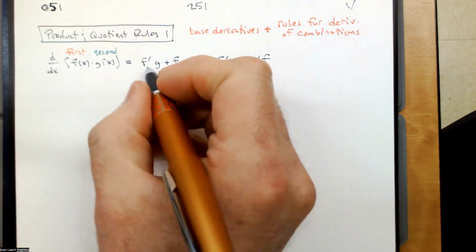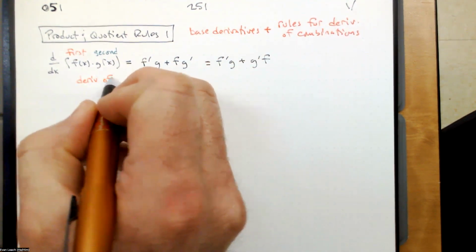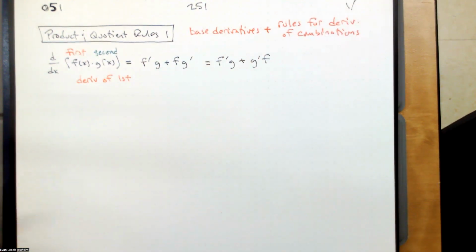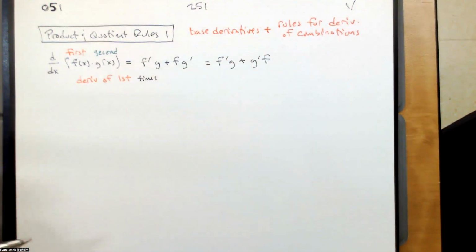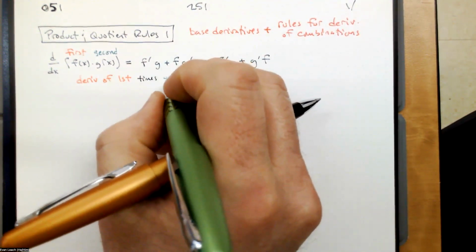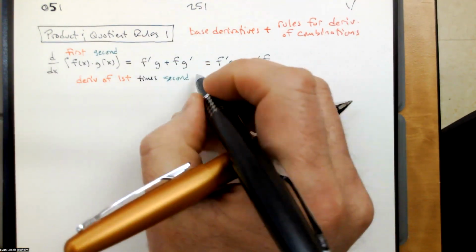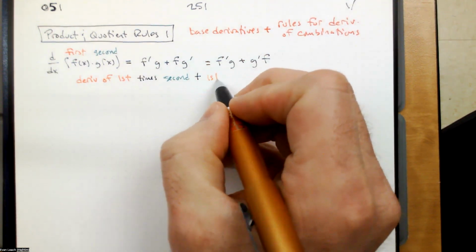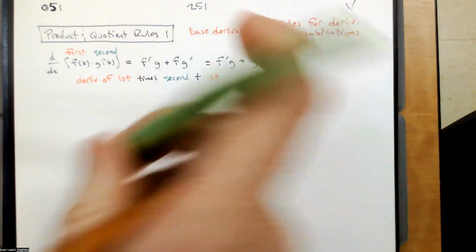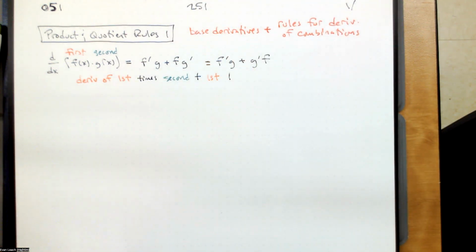So I usually say the derivative of the first times the second plus the first times the derivative of the second. I'm like writing stuff out half.